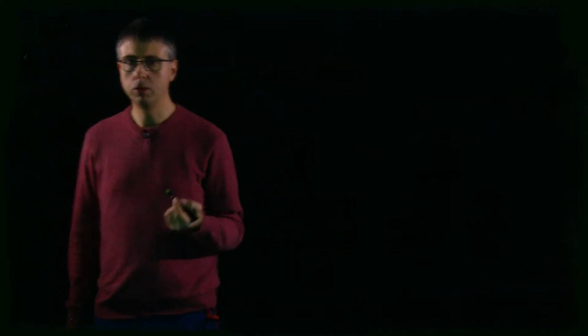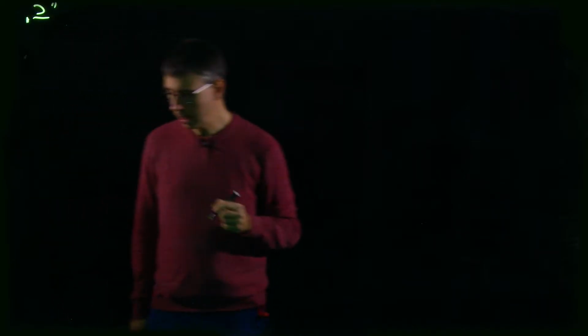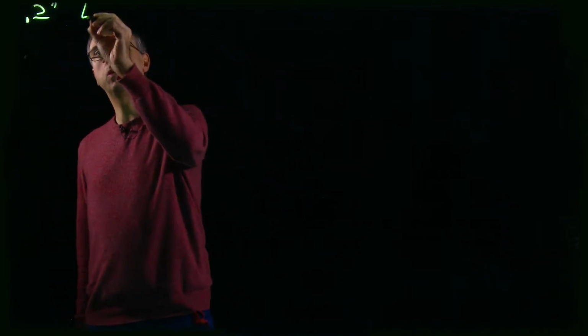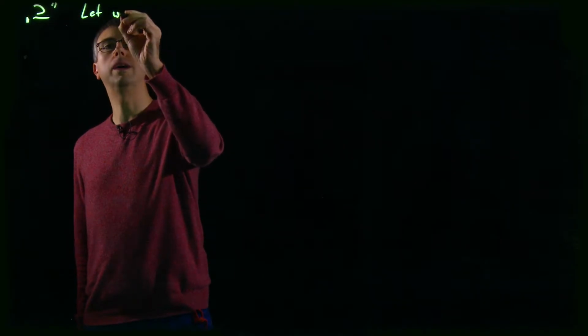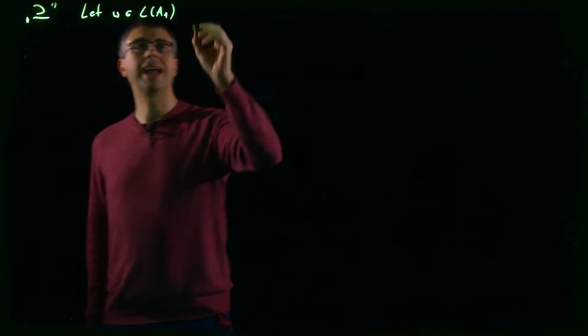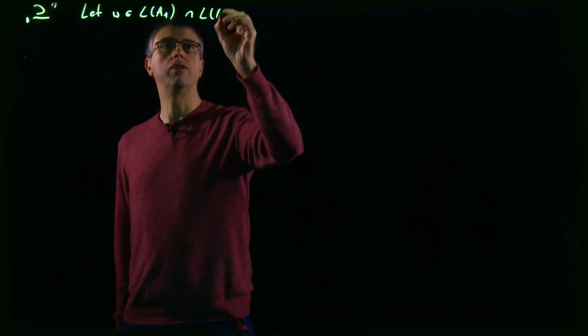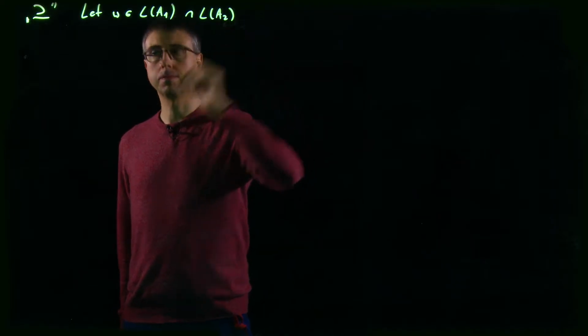For the second part of the proof, we consider the superset direction, so the other way around. We assume that we have a word W which is accepted by the first automaton and by the second automaton, so it's in the intersection of both languages.